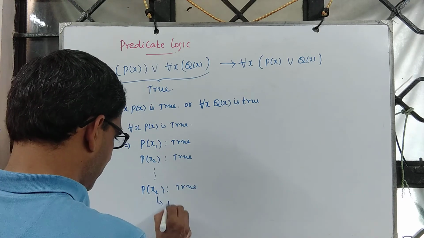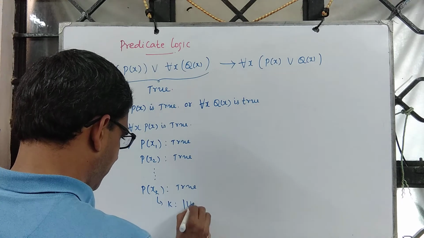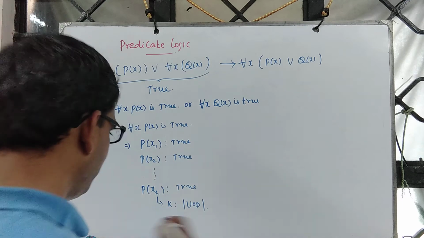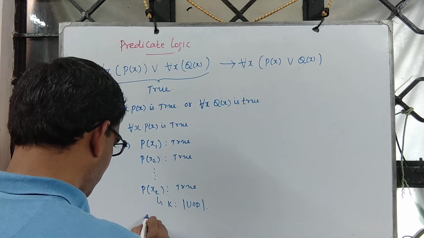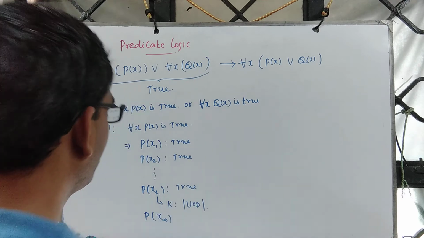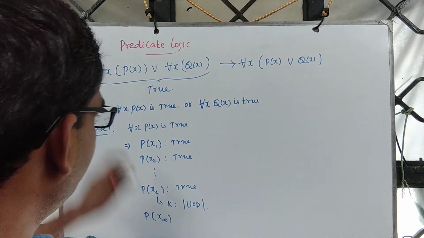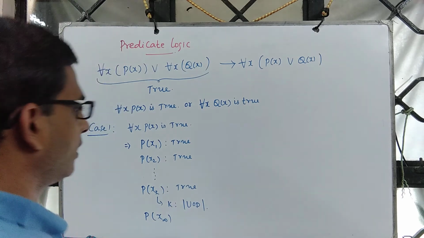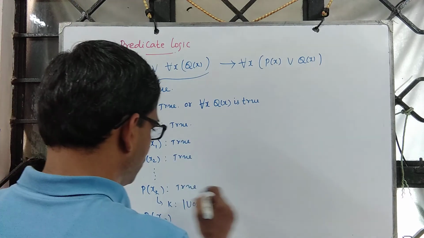What is k? K is the cardinality of the universe of discourse. K could be infinity also, and we can go all the way up to x infinity. For each of them, it is true. Correct?